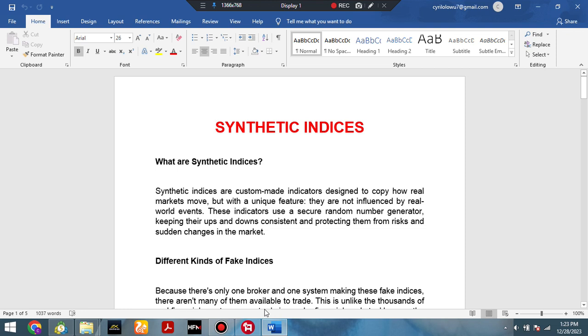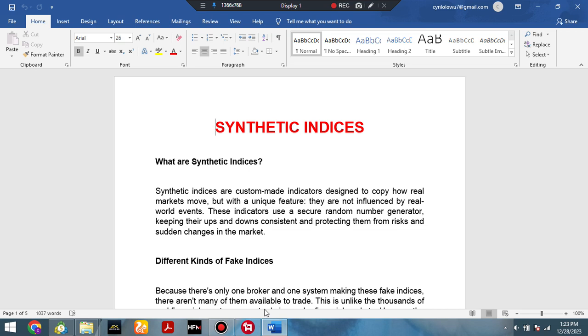When you come to the broker, which is Deriv broker, they're the only broker that offers this kind of trade on their platform. So many people have been trading synthetic indices, but only a few have full knowledge about what synthetic indices are and how they operate.